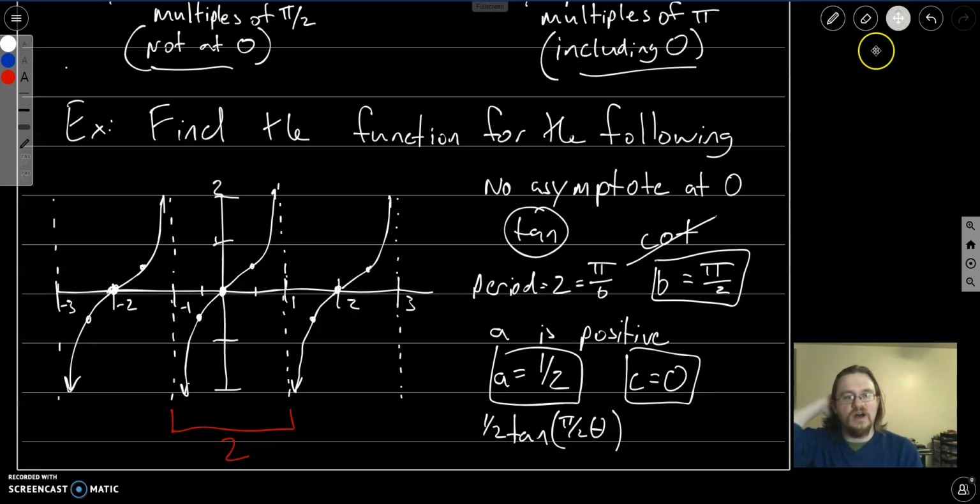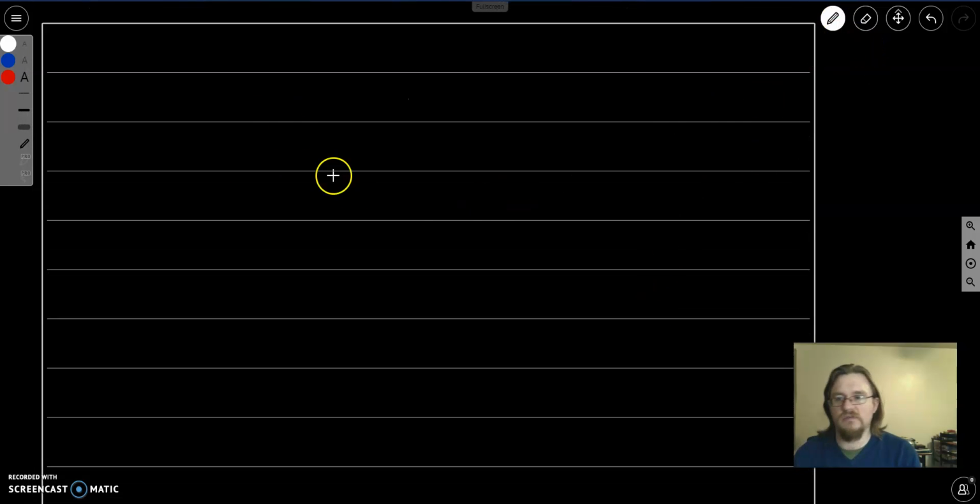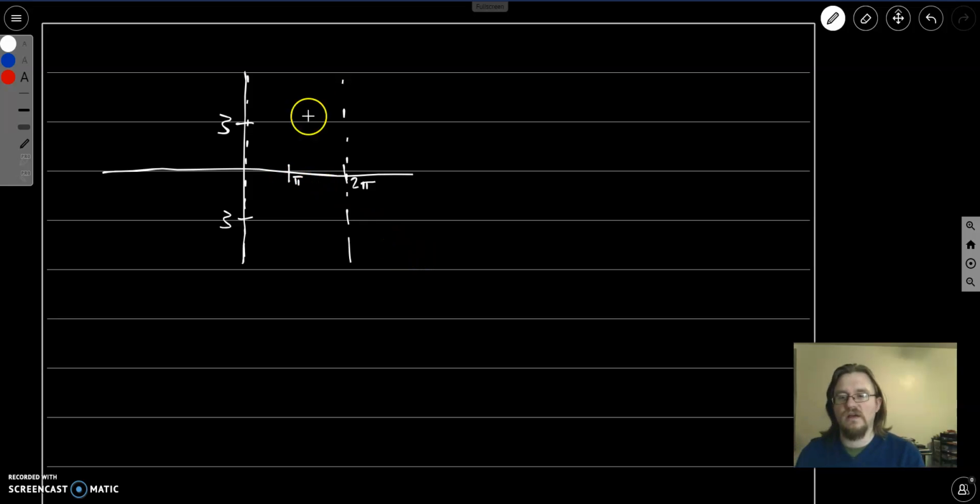Let's do one more example, and I will make this up right here. So we'll have an asymptote there, out here at pi. We'll have our second asymptote at 2 pi. So we'll just draw one period of this function.